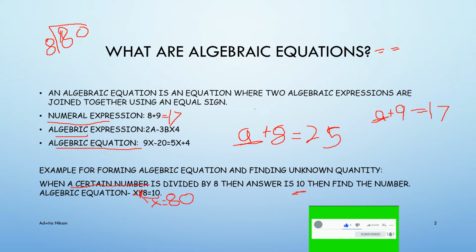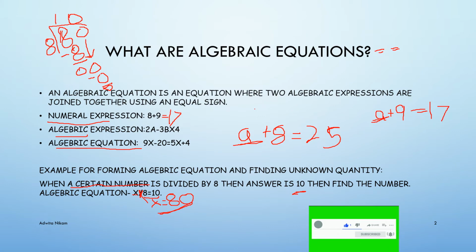And then 8 ones are 8. Then 0, we bring the 0 down. 0, up also we put a 0, down we put a 0. We do minus, and then 0 minus 0 is 0. So our quotient is 10. So x is equal to 80 is the right answer.